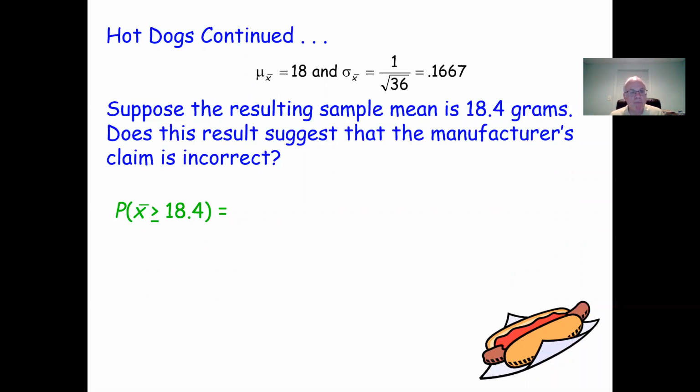We're basically asking, what's the probability of getting at least 18.4 grams? Is it low? Is it high? That's what we need to ask. And then if it's a low probability, then we can say the manufacturer's claim is okay. If it's a high probability that it's 18.4 or greater, if we assume 18 grams of fat, okay.